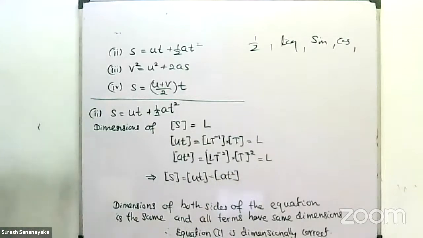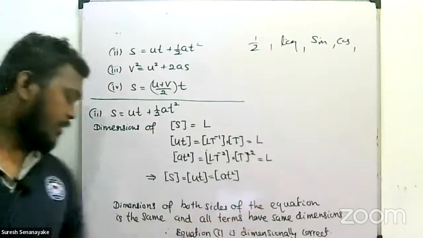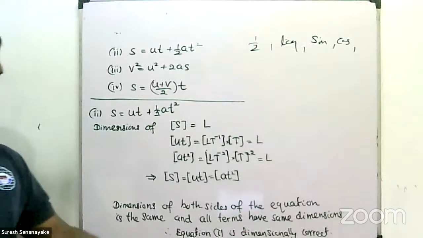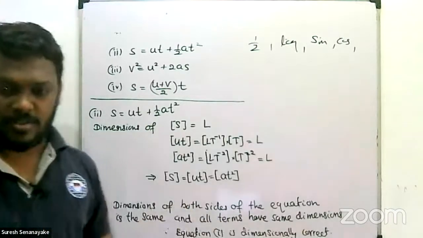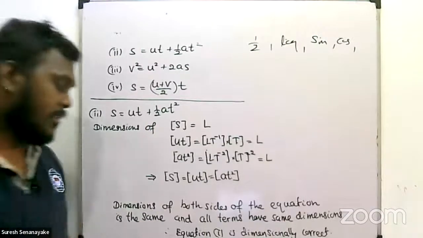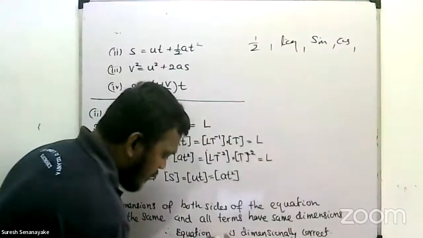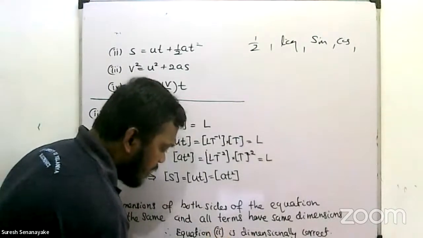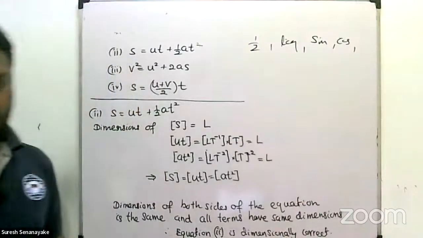So the dimensions of both sides of the equation are the same, and all terms have the same dimensions. Then we can say that the second equation is also dimensionally correct.